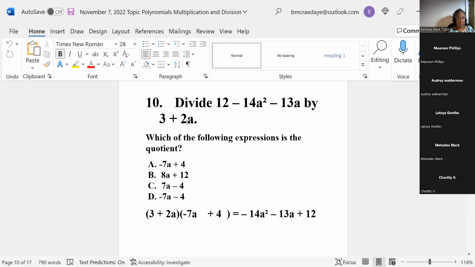Right? Chastity, you said a to the second, but you already have an a right here with the 2a, so this a has to be a to the first. Oh, yeah, because a to the first times a to the first gives a to the second.